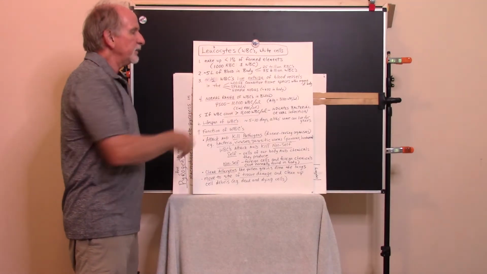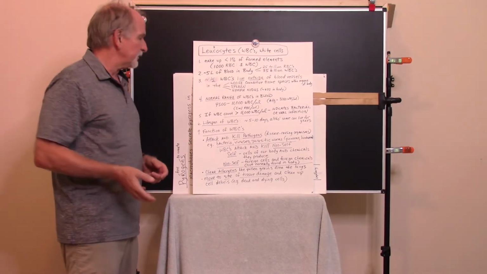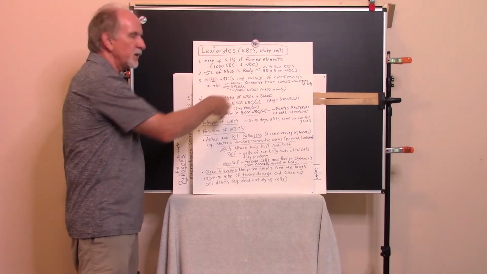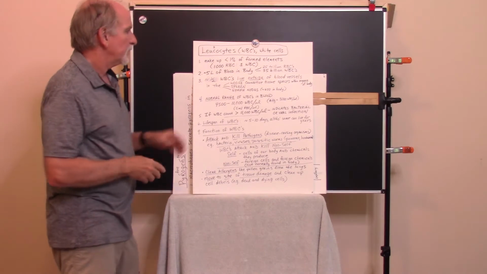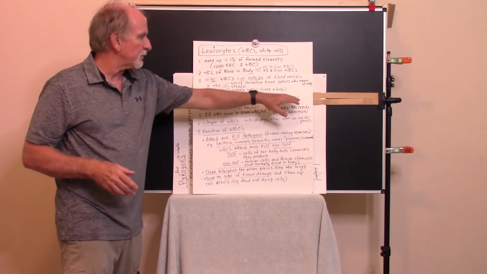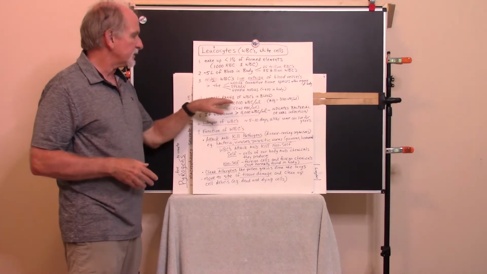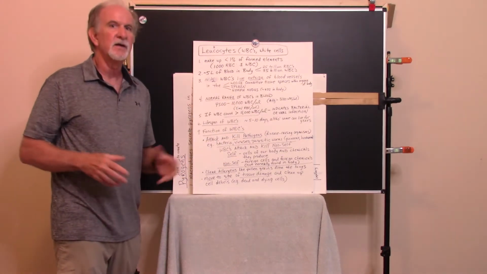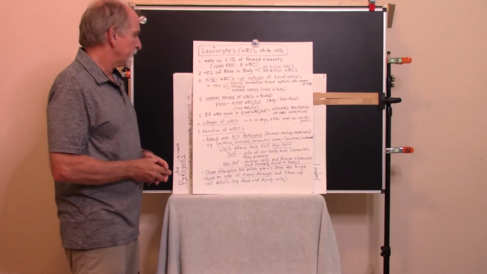The normal range of white cells in blood would be somewhere around 4,500 to 11,000 white cells per microliter, with an average of somewhere around 8,000 white cells per microliter. But contrast that with 5 million red cells that you'd find in the same amount of blood.